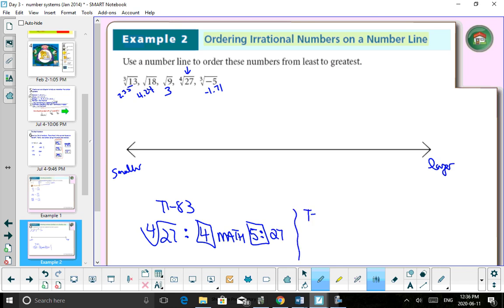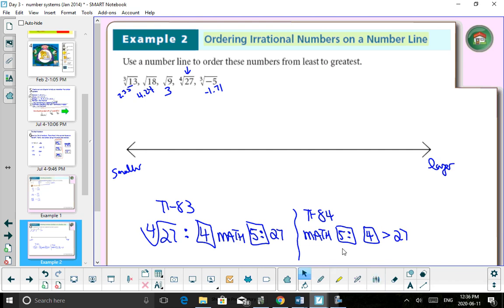For the TI-84 people, you're just going to go straight to the math key, pick number 5, then hit 4, then hit over, and then hit 27.